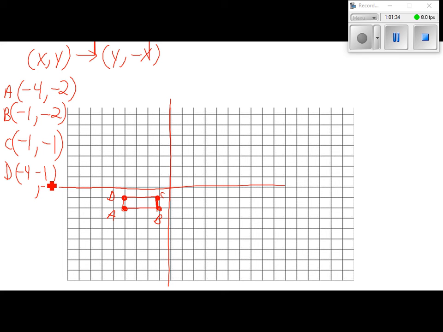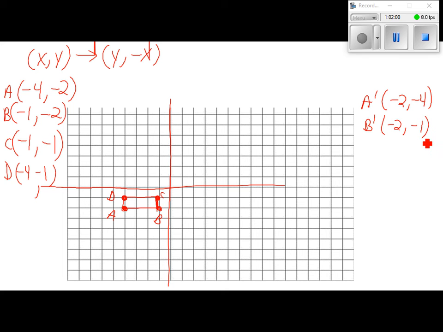So we're going to take each one of those points. What are we going to do to it? Flip them around and then switch the sign of the second one. So, because I don't have room over there, A prime, we're going to switch it around, so that's going to make it -2, -4. I'm just switching it for now because I'm going to confuse myself if I try to do 2 things at once.